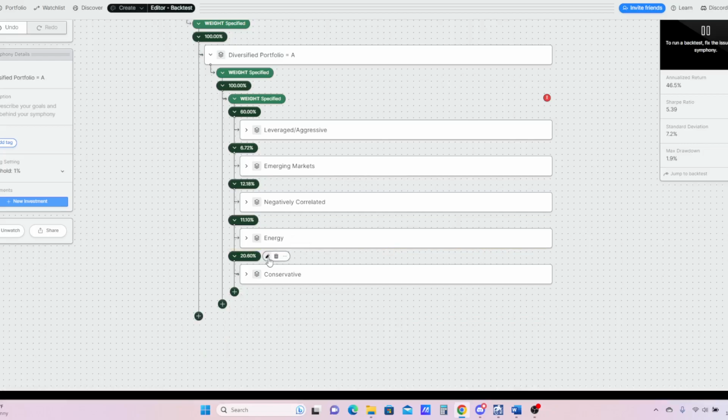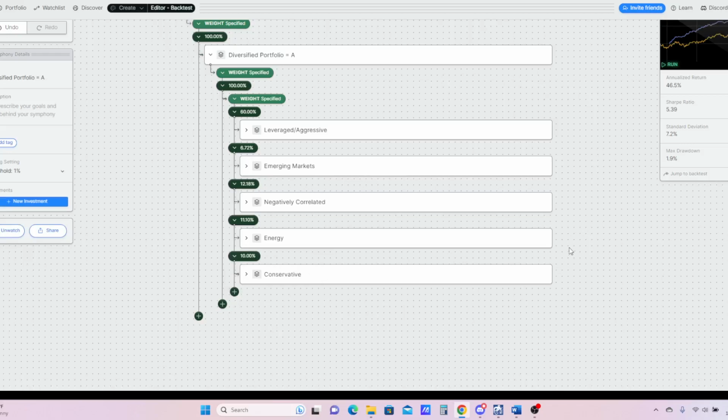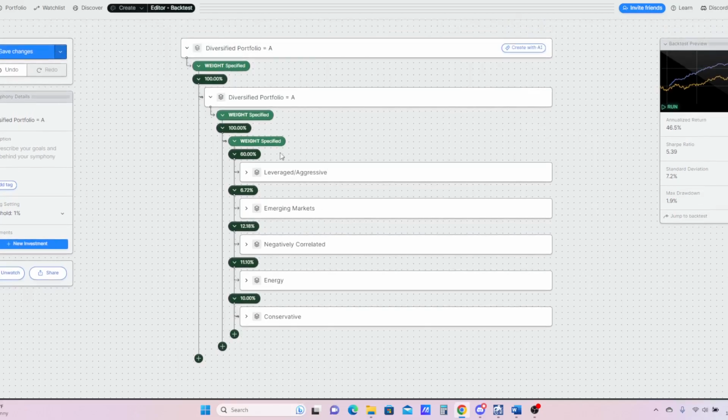And then, let's see. So if I overweighted in the risky ones and I underweighted in the more conservative, for example, I'll probably have a higher return, but the risk is going to skyrocket, and you might even see a decline in the Sharpe ratio too.